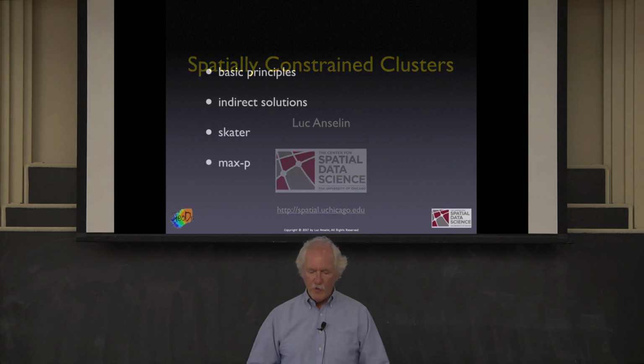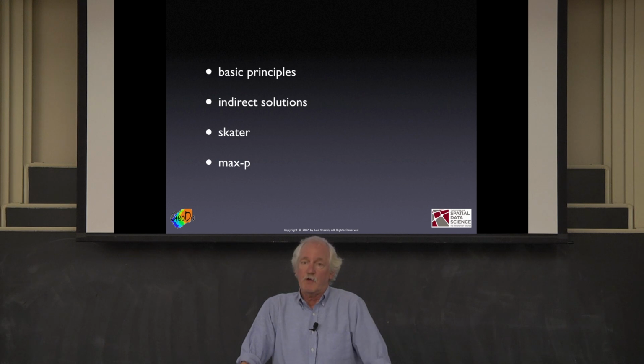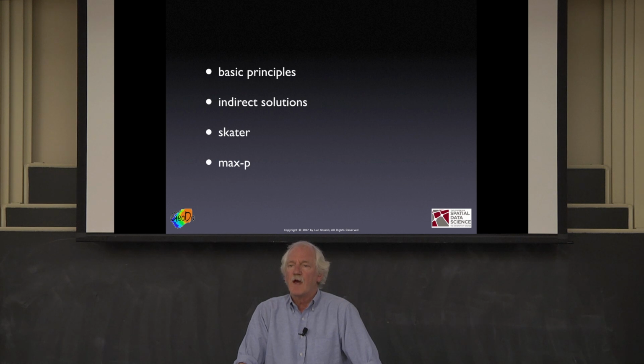Today, we throw in space. And so we move from just clustering based on the attributes to including a consideration of locational similarity, in the sense that whatever cluster we come up with has to consist of elements that are contiguous, that border each other.